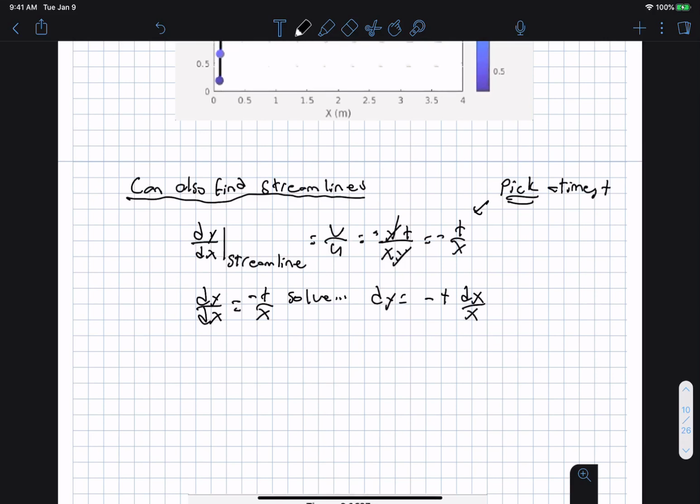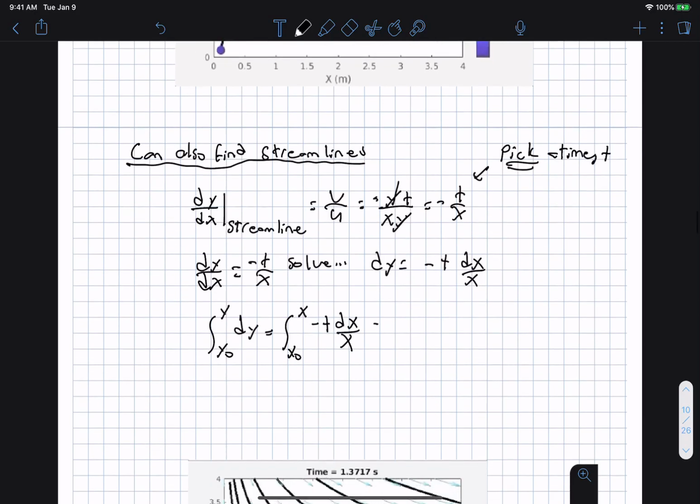And we can just integrate this, from y naught to y, dy, and x naught, which is just some initial position of the streamline, to x, minus t dx over x. And if we solve this, this implies that y will equal y naught, if you just go through the algebra, minus t times the natural log of x over x naught.